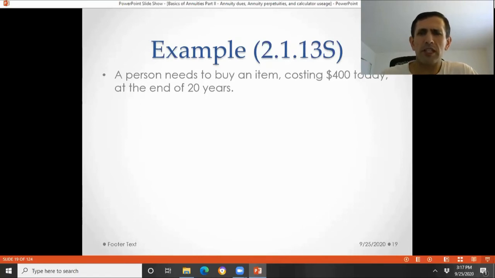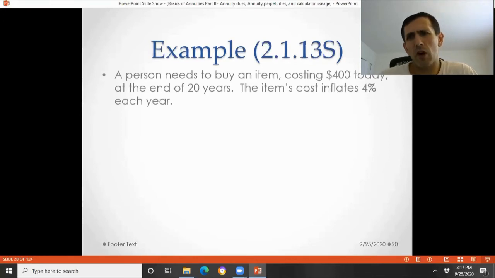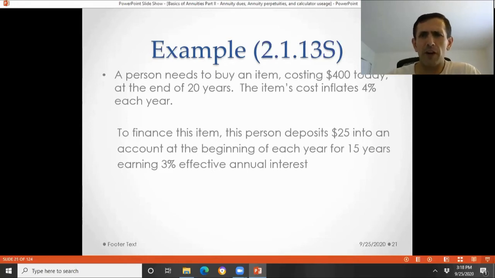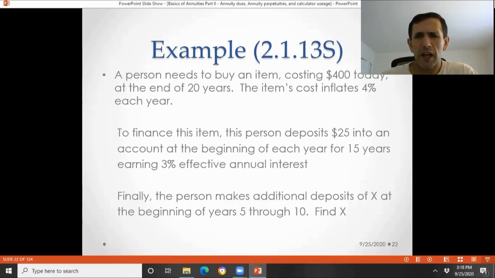Okay, so a person needs to buy an item that costs $400 today, and the person needs to buy this at the end of 20 years. The item's cost inflates 4% each year. To finance this item, the person deposits $25 into an account at the beginning of each year for 15 years, earning 3% effective annual interest, and makes additional deposits of X at the beginning of years 5 through 10.